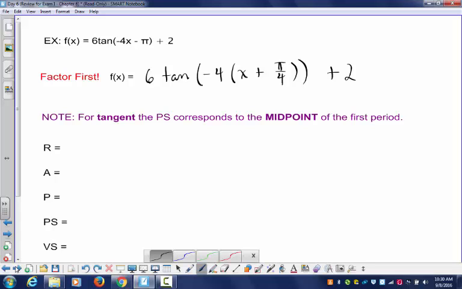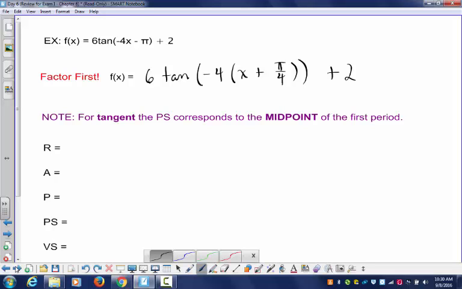Hopefully you were able to factor that properly. There's the factorization. What do we do with that leading minus? So tangent is an odd function. The only two that are even are cosine and secant.